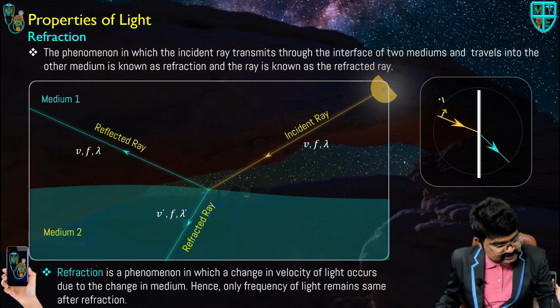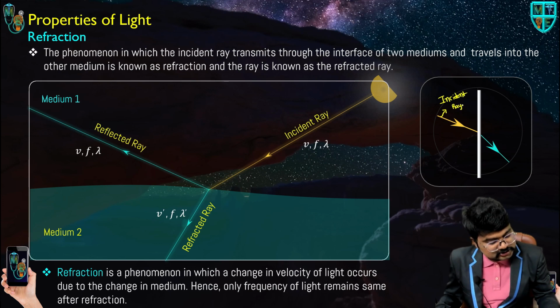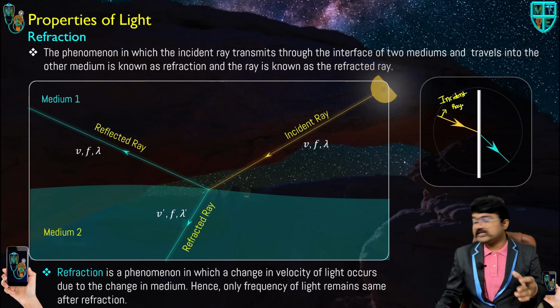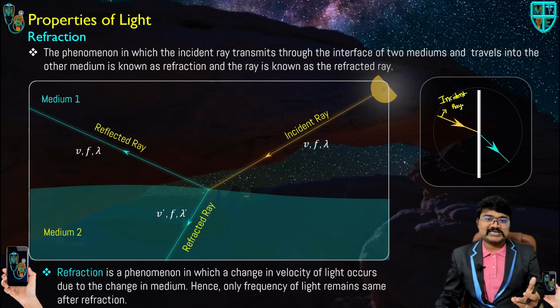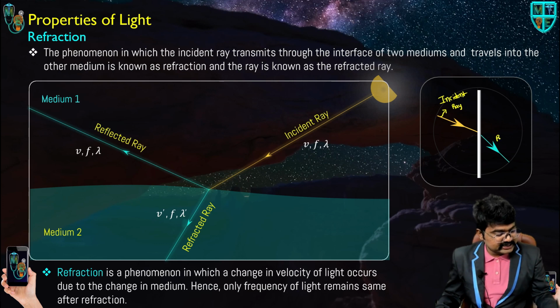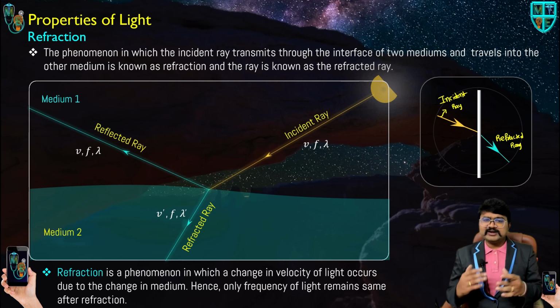This is the incident ray, the origin of the light present in medium 1, but it transmits into the other medium. That phenomenon is nothing but refraction. This would be the refracted ray.